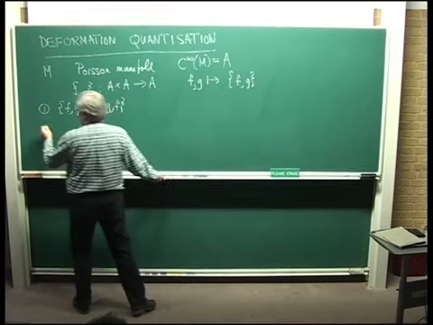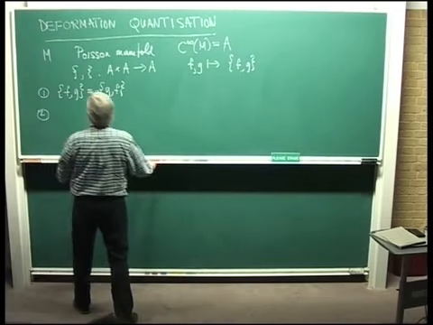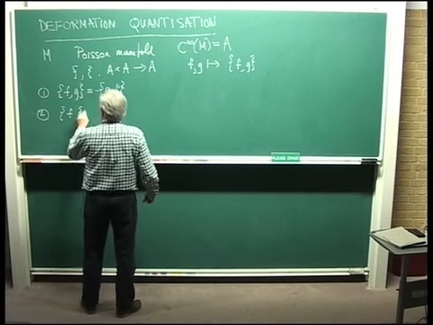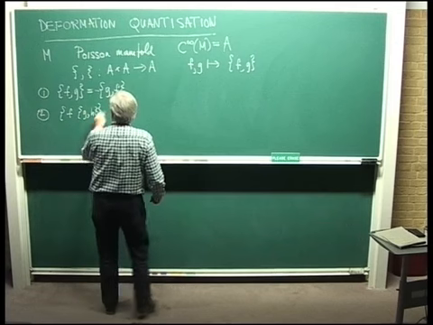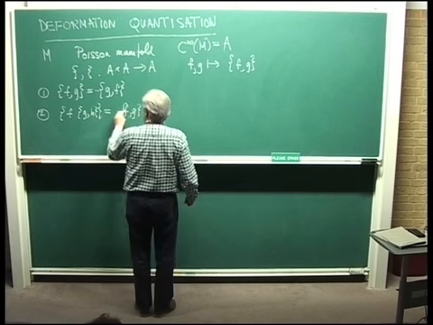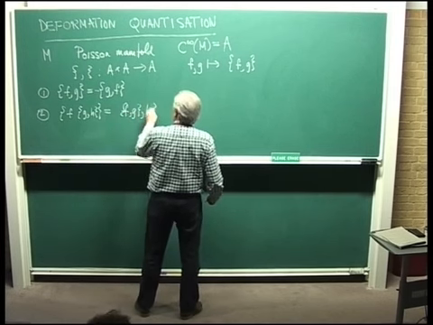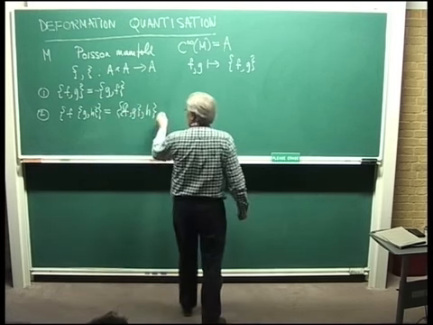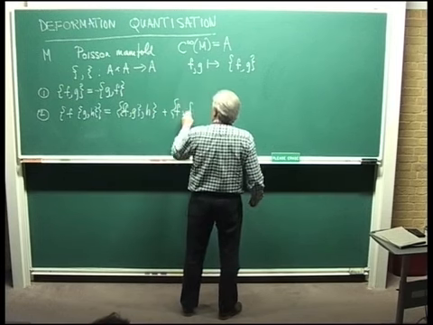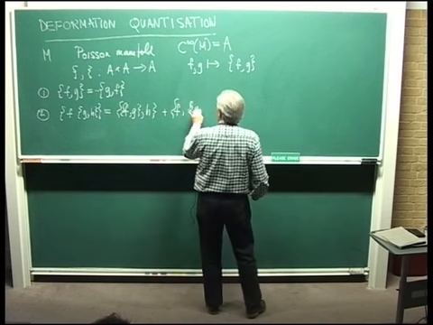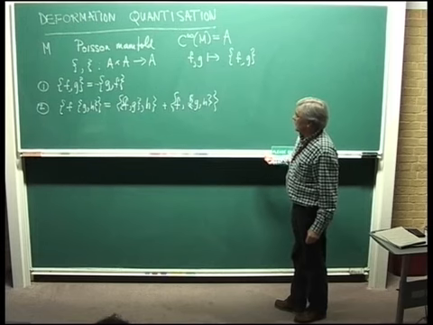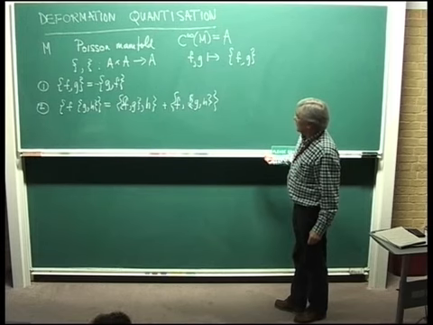The second is that it satisfies the Jacobi identity, which I'll write by saying that the bracket is a derivation of itself. Plus the bracket of F, G, H. So that says the bracket is a derivation of itself.